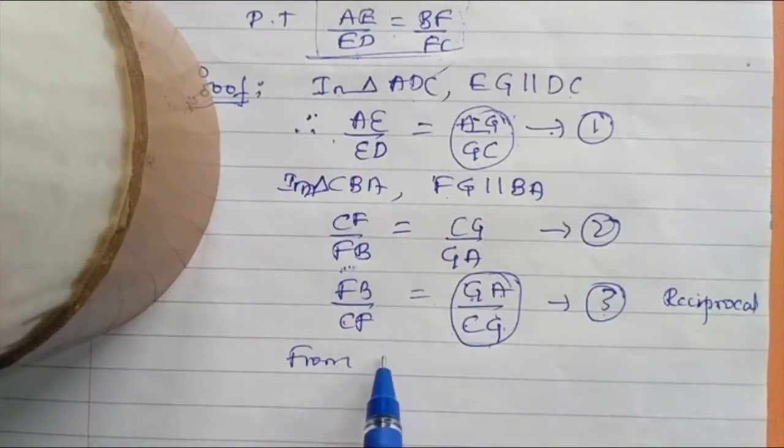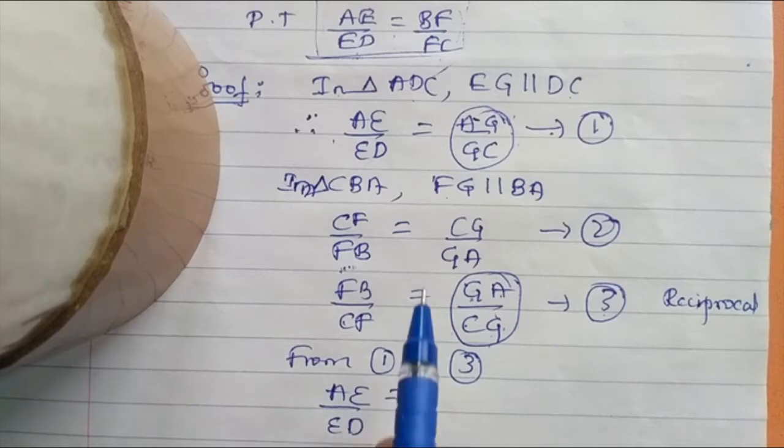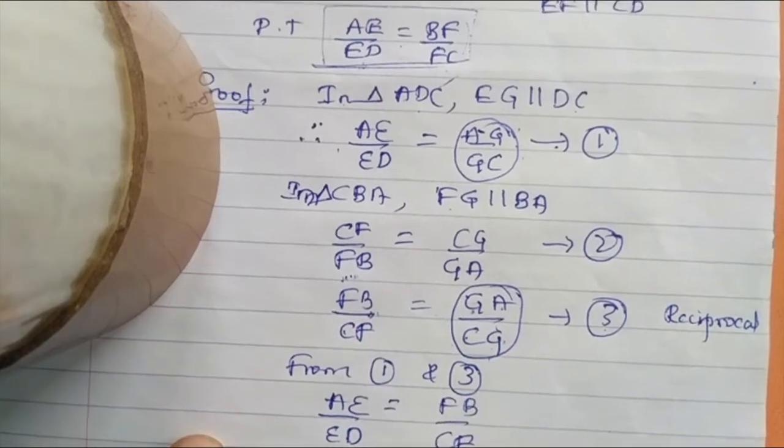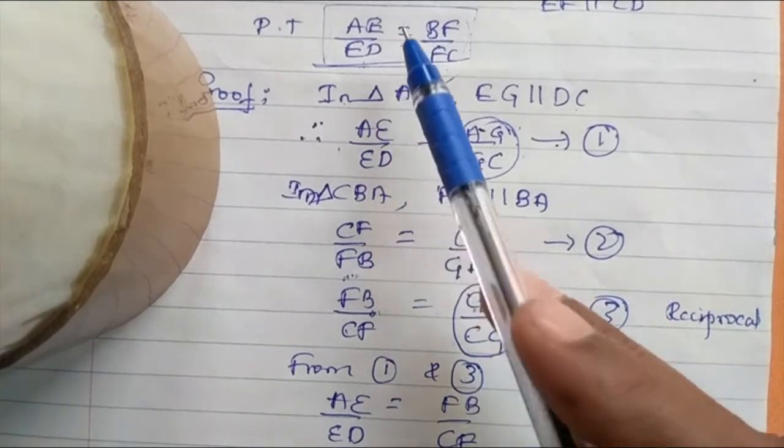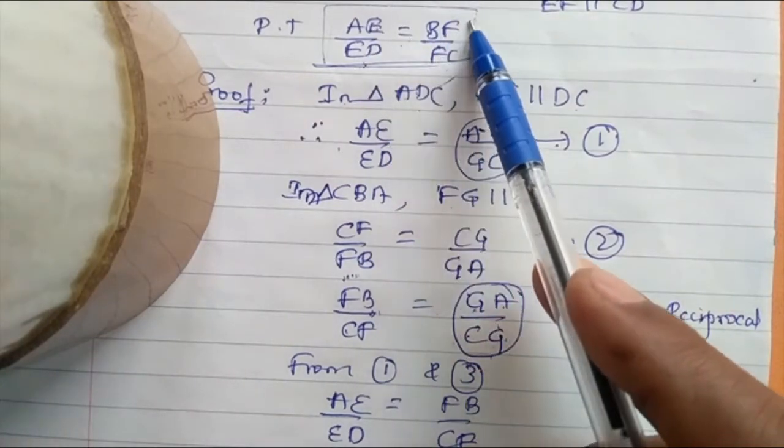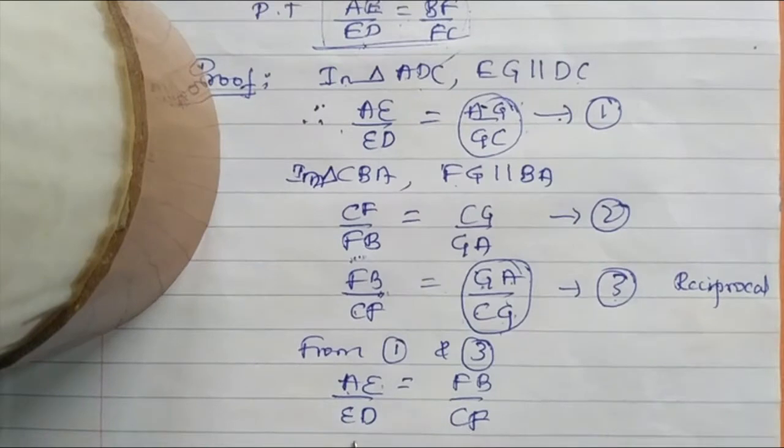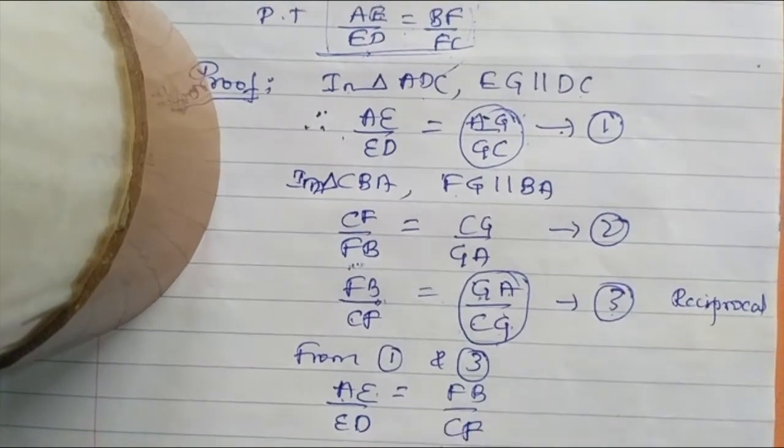So from equations 1 and 3, AE by ED is equal to FB by CF. Check the main question: AE by ED equals BF by FC. So we proved, hence proved.